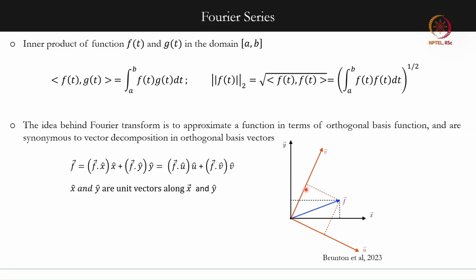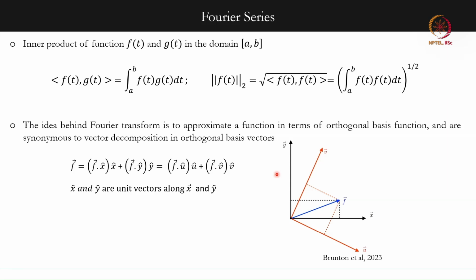I'm not going to get into the definitions of what basis vectors are. You can basically think of them as vectors which cannot be represented as a linear combination of one another. That means I cannot express x in terms of y, and a linear combination of x and y can span the entire vector space.